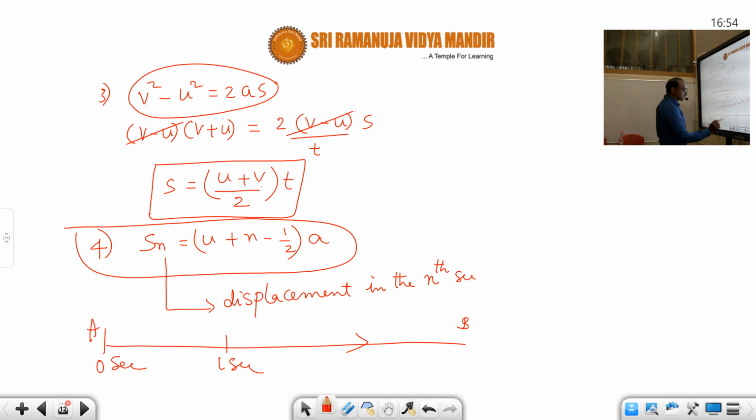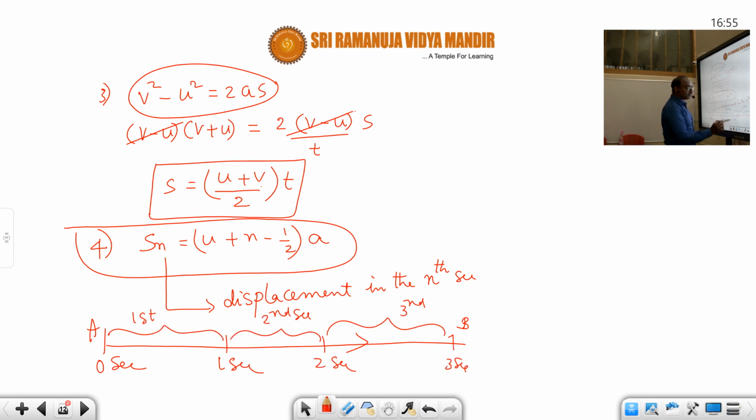The first second means between 0 and 1. The second second means between 1 and 2. The third second means this particular length, the displacement traveled in the third second.